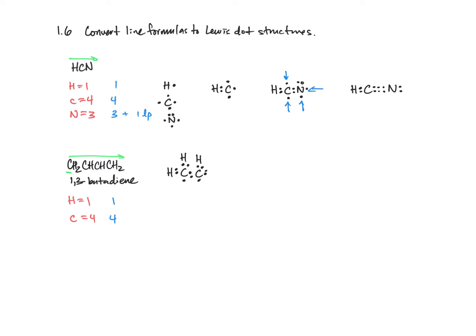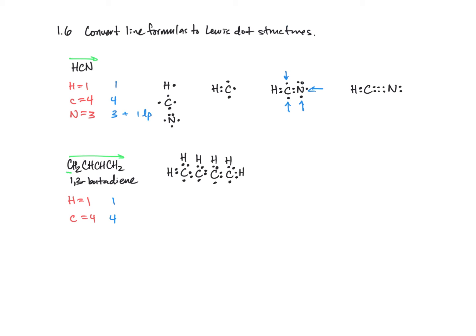The next carbon has 3 valence electrons, and same thing, it's bonded to 1 hydrogen. Finally, that's bonded to the terminal carbon, which has 1, 2, 3 valence electrons. It has 2 hydrogens, so let's add those in, H, H.